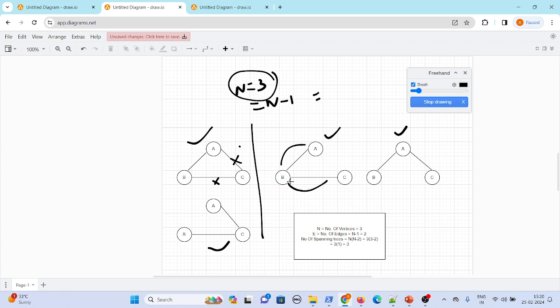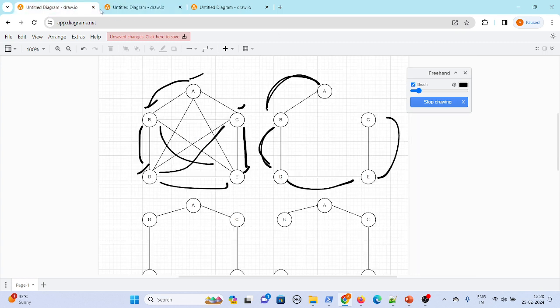So what is meant by a complete graph? Let's consider A is a vertex.